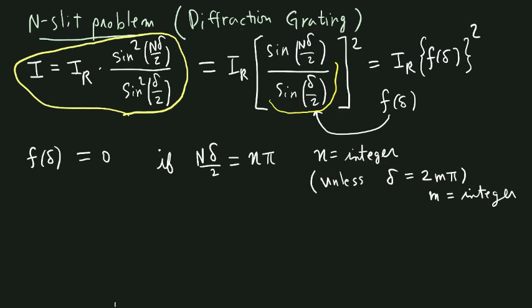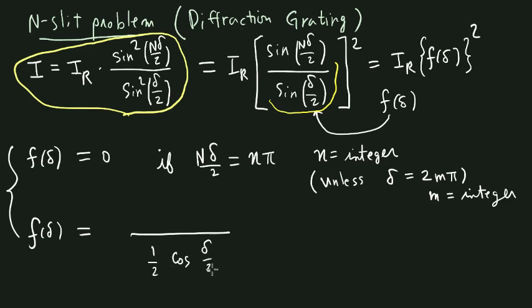So how do you evaluate a function which becomes 0 over 0? Well, you can use L'Hopital's rule. So let's take the derivative with respect to delta. Let's do the denominator first. The denominator is half times cosine of delta over 2.